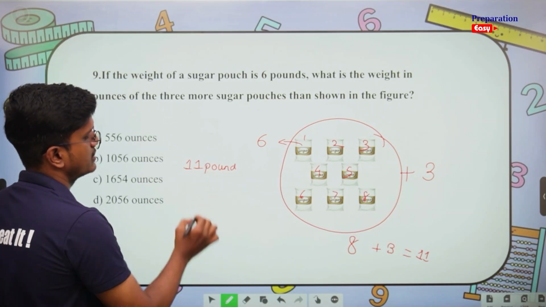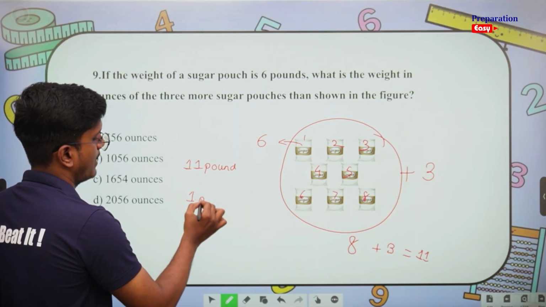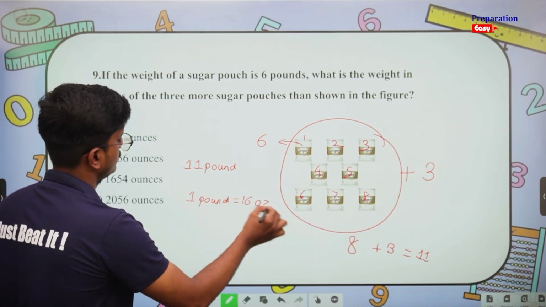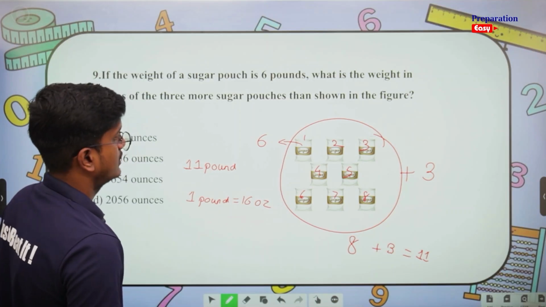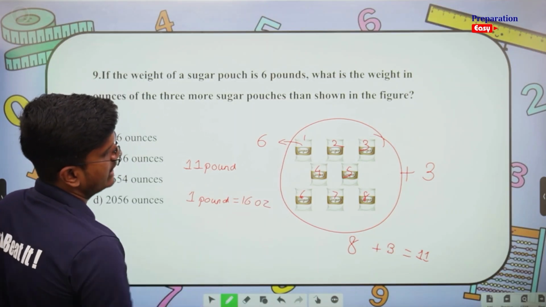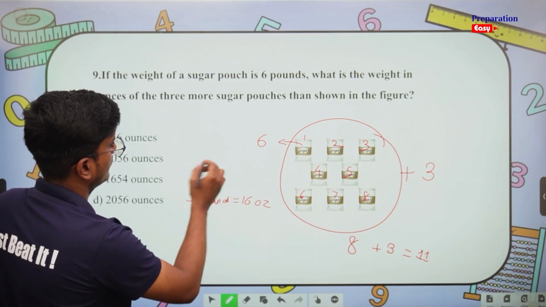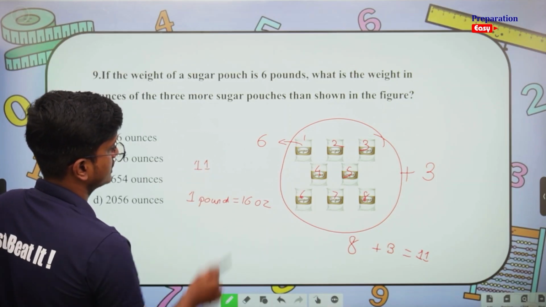We know that 1 pound is equal to 16 ounces, which is oz. Each pouch is weighing 6 pounds, and in total we have 11 pouches.